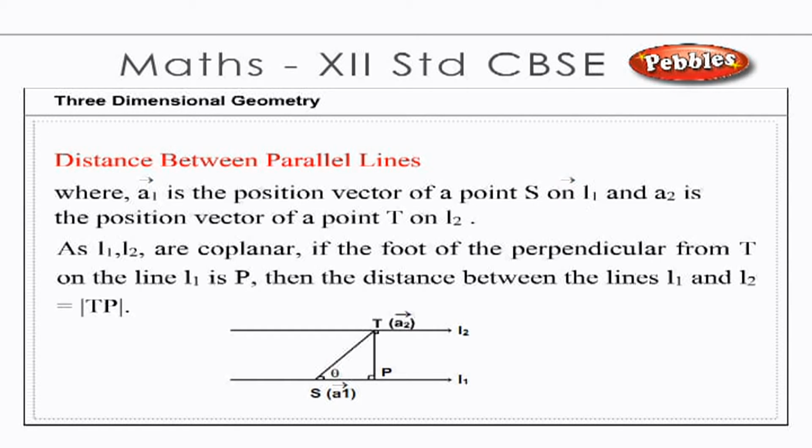As L1 and L2 are coplanar, if the foot of the perpendicular from T on the line L1 is P, then the distance between the lines L1 and L2 is equal to modulus of TP.